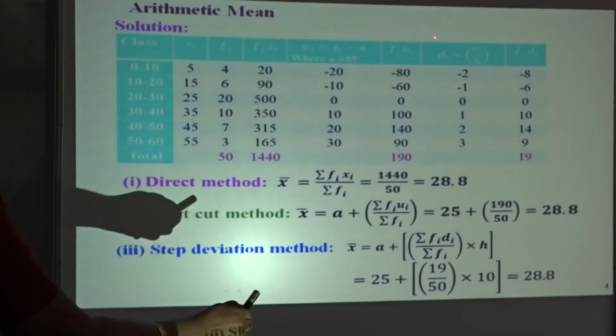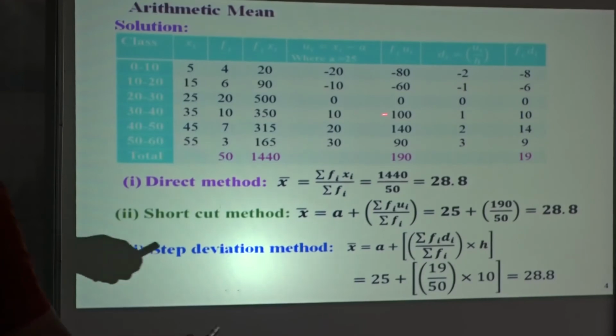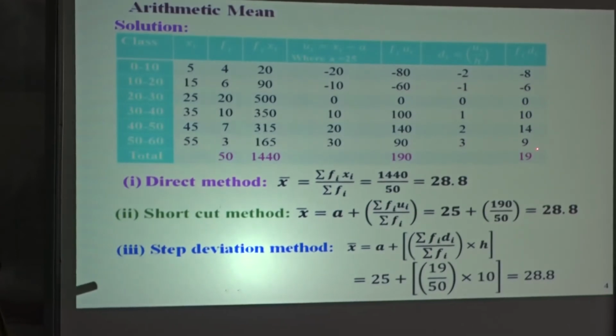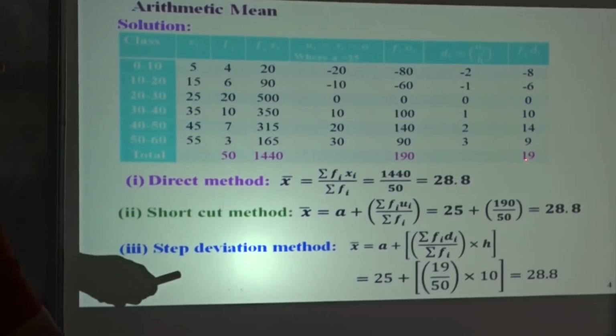Now, I immediately multiply with the corresponding frequency. 4 into minus 2, 6 into minus 1, 20 into 0, 10 into 1, 7 into 2, 3 into 3. Then we immediately get 19. Now, one thing we have to observe. Fi di is a very small value. We get only 2 units here, 3 units here. Here we got 190, here only 19.